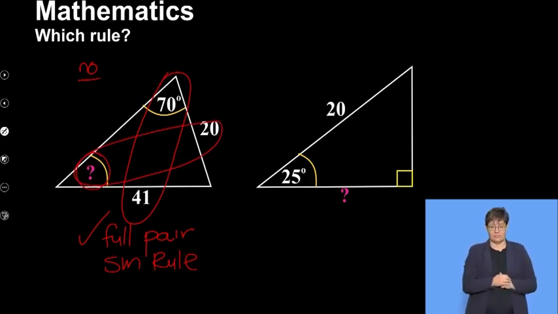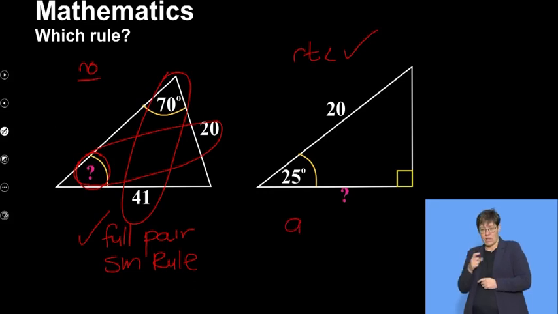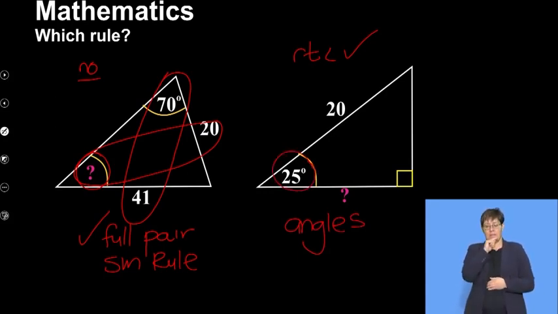Let's go to this next triangle here. Start asking our questions again. Is it right angled? Yes, it is a right angled triangle. Does it deal with angles? Yes, it's dealing with angles. So because we're dealing with angles, we've got to use one of our trig ratios here.